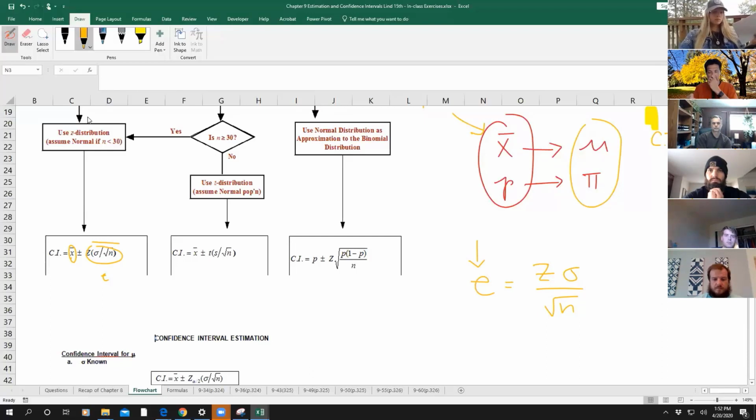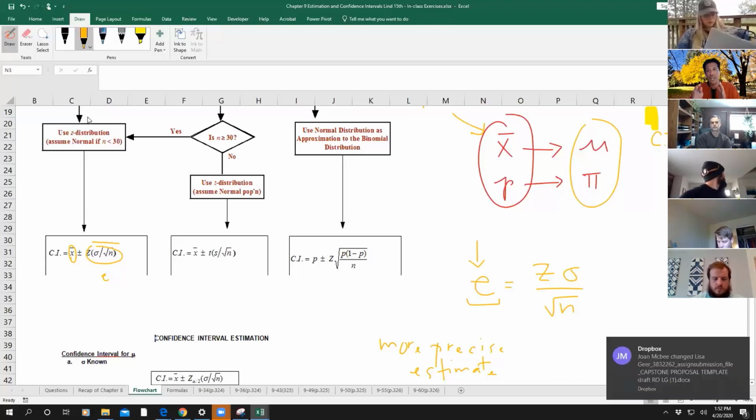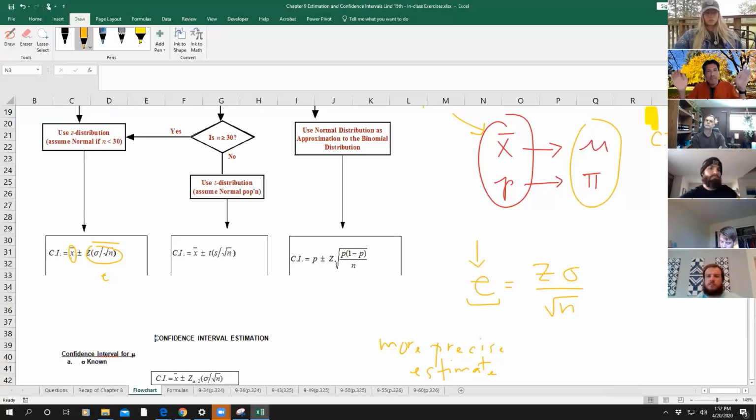Okay? So again, a lower margin of error translates into a more precise estimate. A higher confidence level does not necessarily guarantee a more precise estimate. I'll demonstrate that later on: when you increase your confidence level, assuming other things unchanged, what that actually does is it makes your margin of error larger.